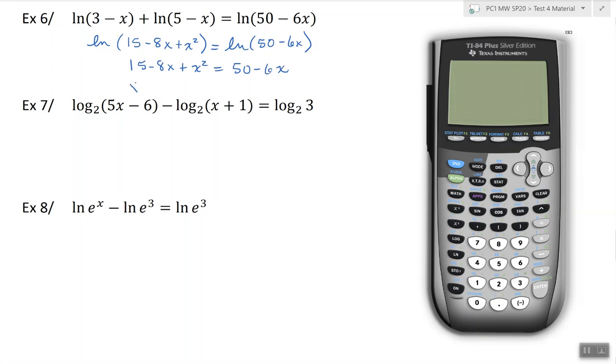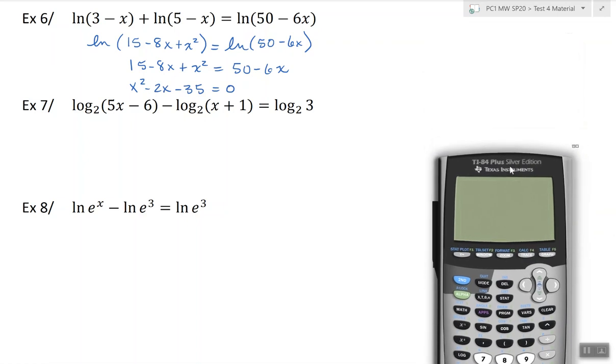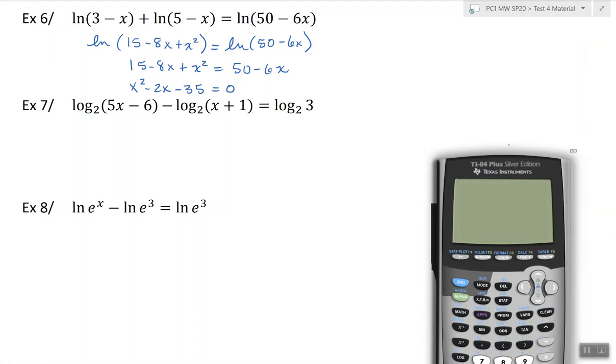So then I have an equation of x squared minus 2x minus 35 equals 0. And I'm going to continue to solve that over here. X minus 7 and x plus 5 equals 0. So I have two proposed solutions, and I need to check to make sure that they will work.